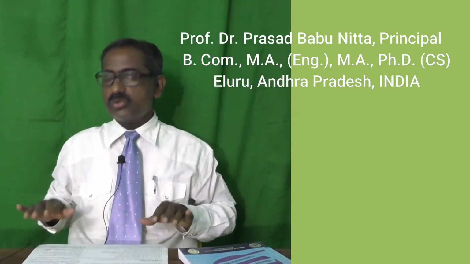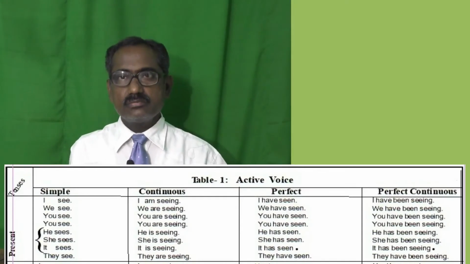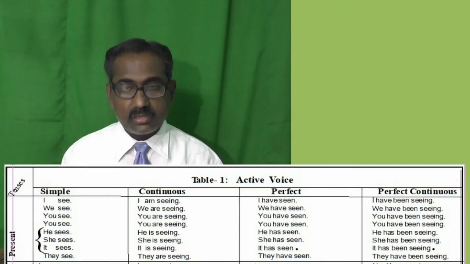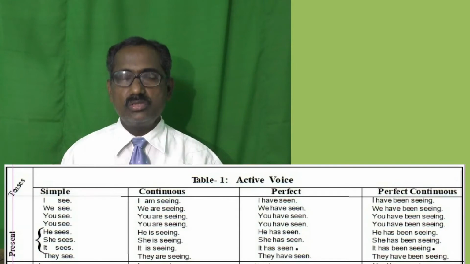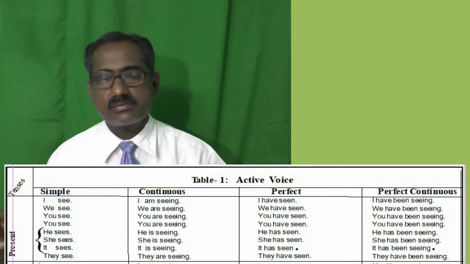Let us come to the rules of the tenses. Before learning the tenses rules, you have to know one thing. What are those things you have to learn? Number one, the s or es rule in present tenses.